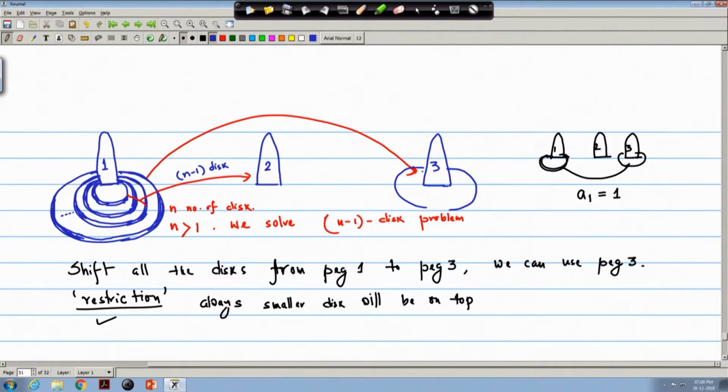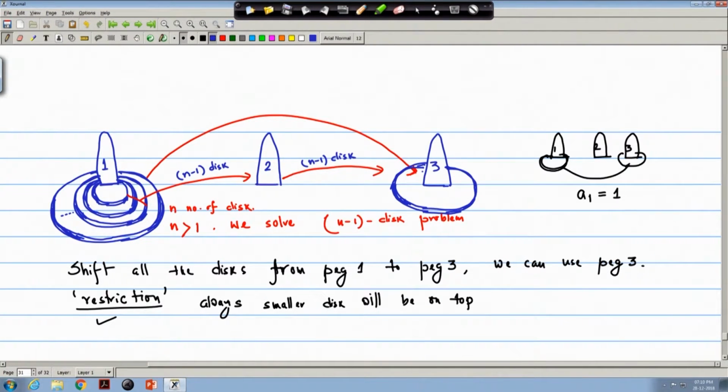So, as if I have a larger disk, and then I will shift this n minus 1 disk to here. So, again this is some n minus 1 disk moved to here.